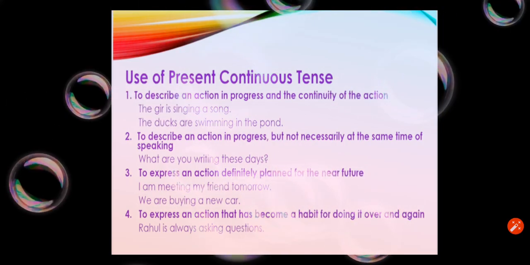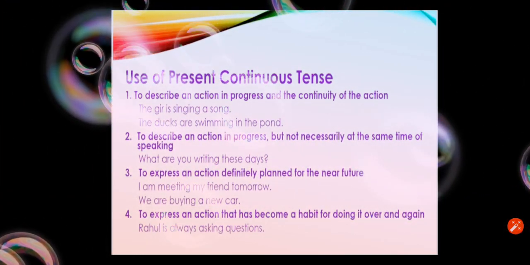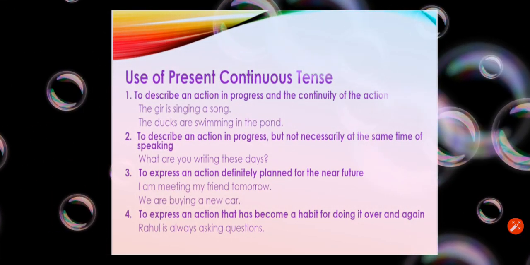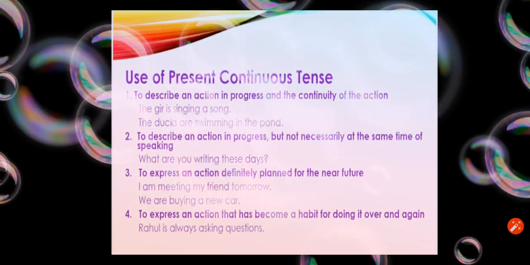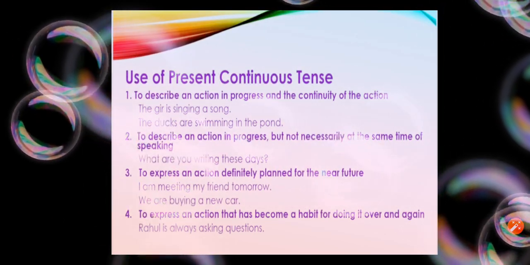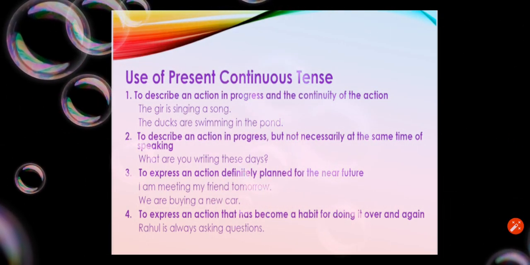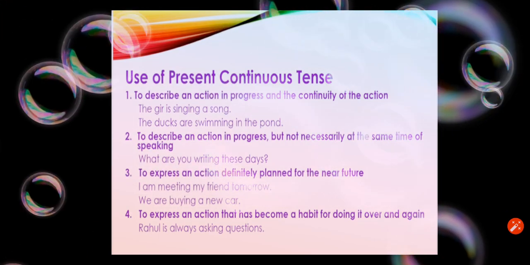Fourth and last is to express an action that has become a habit, done over and over again. Example, Rahul is always asking questions. It is a habit of Rahul that he always asks questions. Then we will use present continuous tense. These were the uses of present continuous tense.